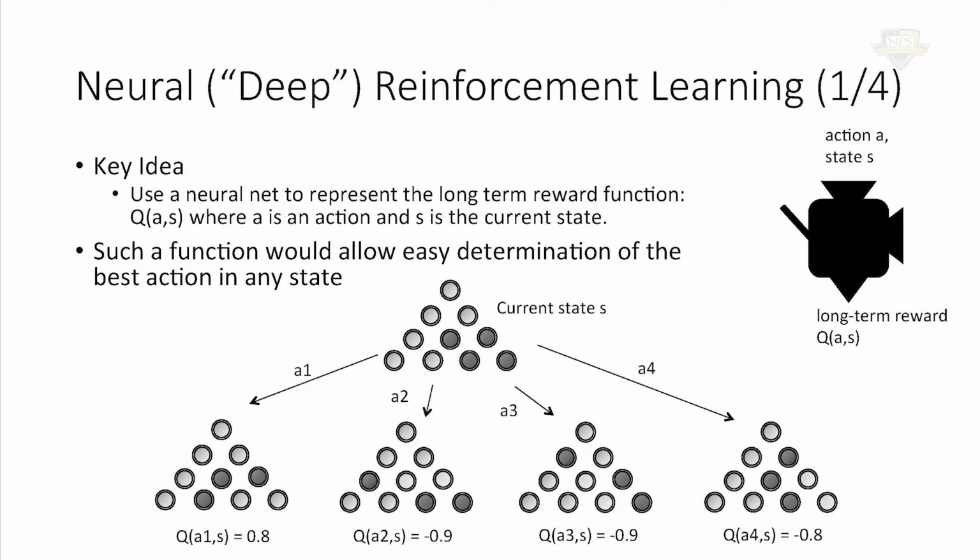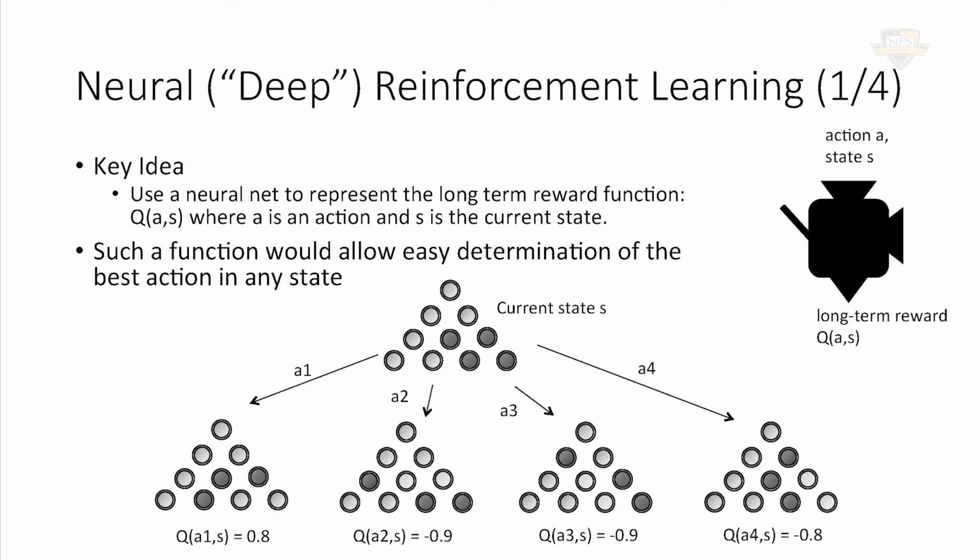Now for the unsupervised alternative, and that would be deep reinforcement learning, so-called, and deep really means neural here. It has a neural network inside of it. So this will take a little bit of your attention to follow this passage, and after this, we're home clear. Here's the key idea. We'd like to use a neural network to represent this function.